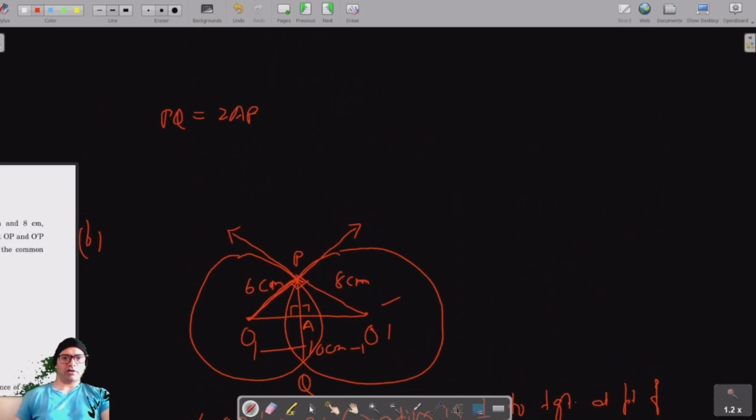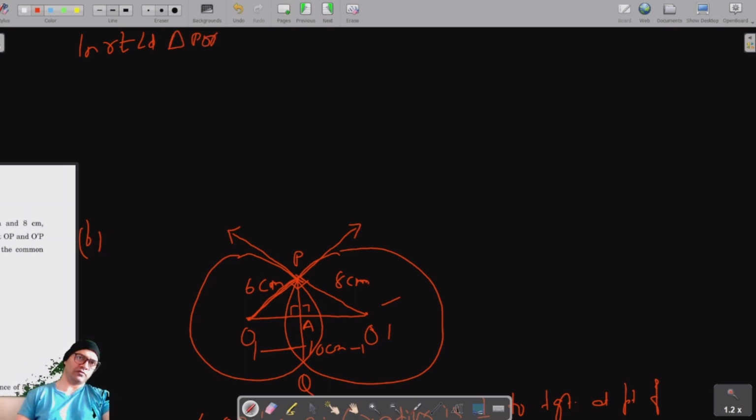Now, how are we going to find AP? So let's use these two right angle triangles. The first one is right angle triangle BOA. We can use the Pythagoras theorem and get AP squared. So AP square is equal to OB square minus OA square.